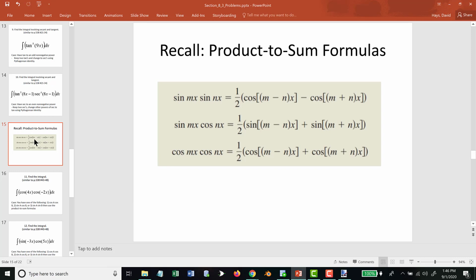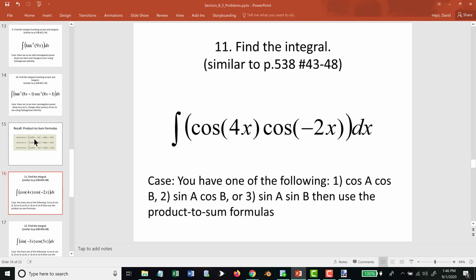Okay, so these are product sum formulas, so nothing exciting there. Now here, this is the case where you have one of the following: cosine of something times cosine of something, and they're different. Sine of something times cosine of something, or sine of something times sine of something. Then you use your product sum formulas.